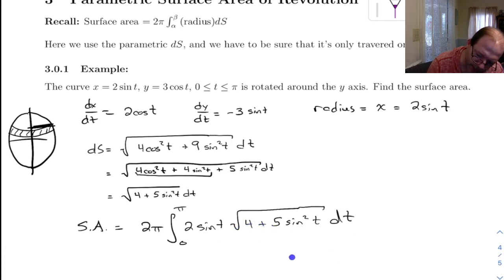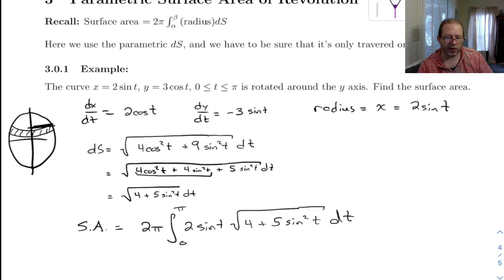If we did that and then we let u equal cosine, we could do a u substitution and turn this into something that I believe then could be done with a trig substitution. So this thing's definitely possible to do, but it's going to get ugly quickly. So we've got that set up.